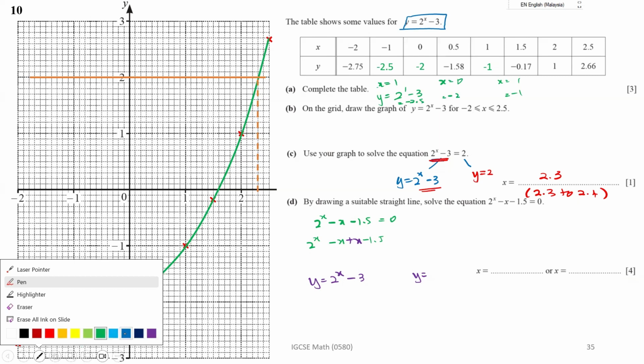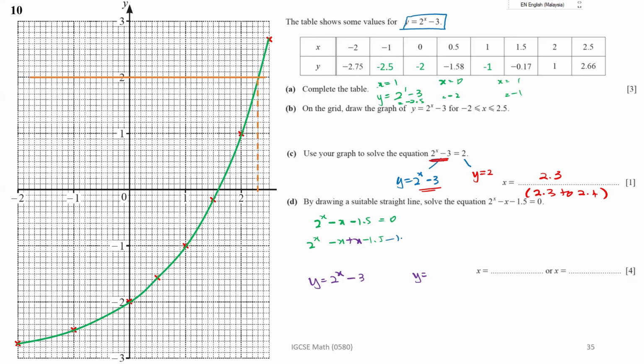So you plus x and then you need to minus 1.5. x plus x is equal to 0. And then negative 1.5 minus negative 1.5, you get negative 3. So you get 2 to the power x minus 3 equal to x minus 1.5. So you need to draw this line.